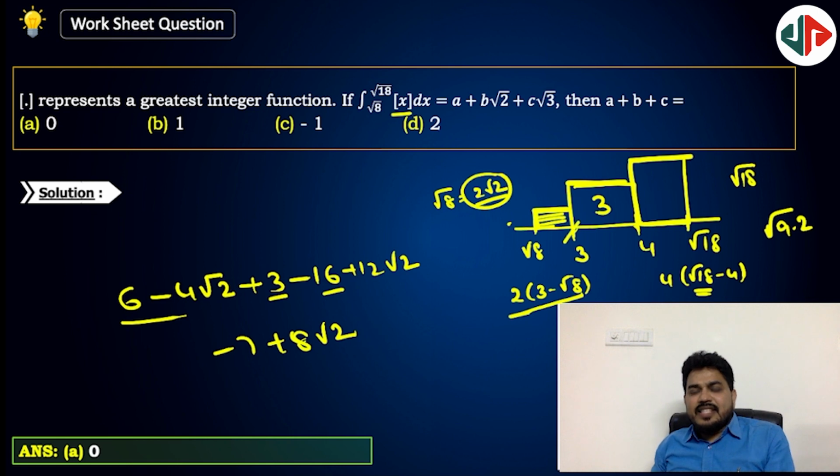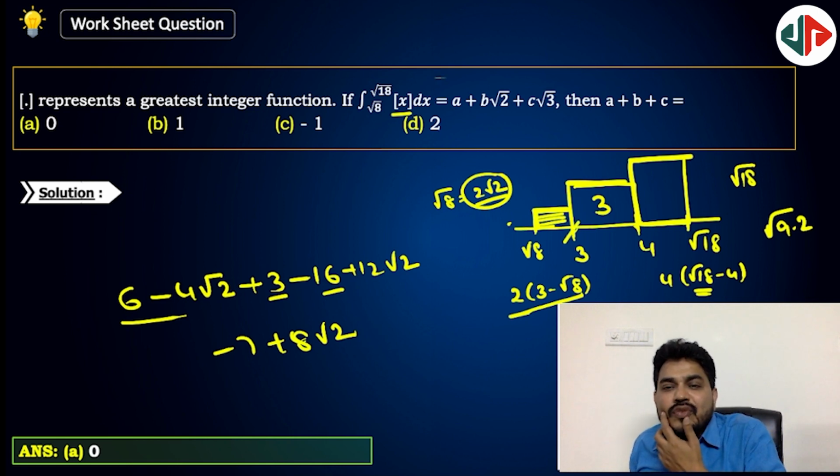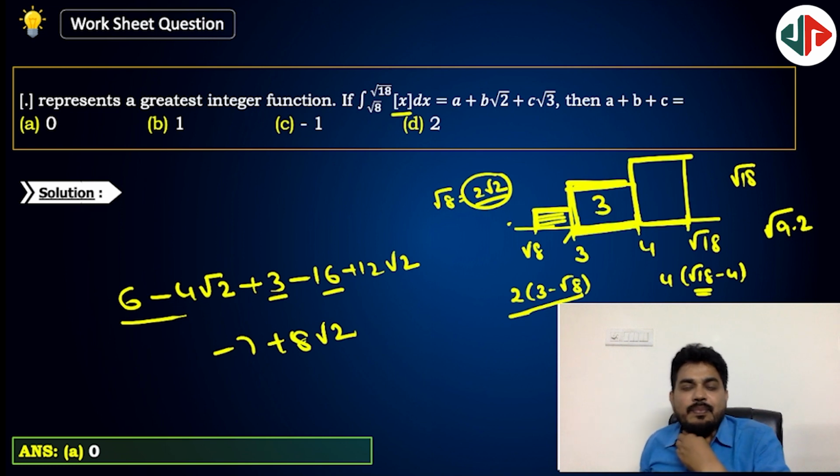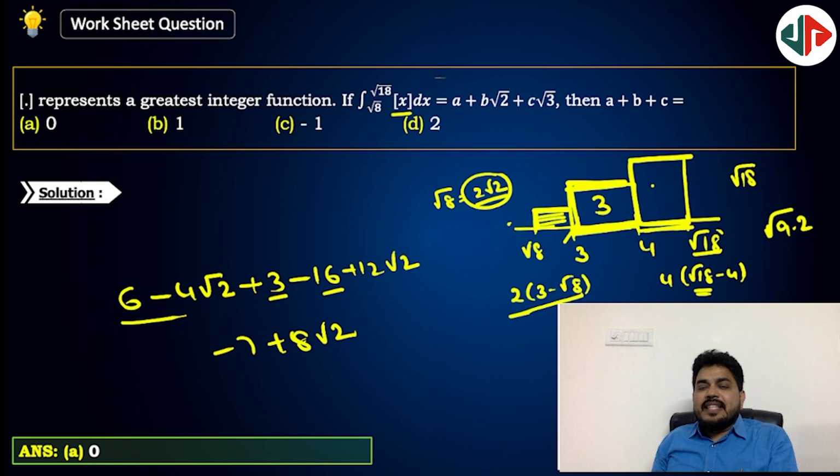Next interval, where is the step x going to change? 3 to 4, the value is 1 and this value will be equal to 3. Okay, and this is equal to 4 step value. So it is 4 root 18 minus 4, 16 plus 3 plus 6. 9 minus 16 is minus 7.